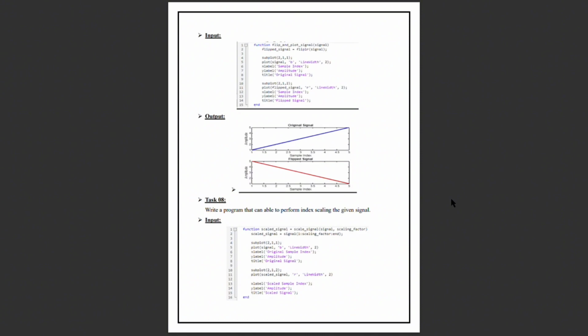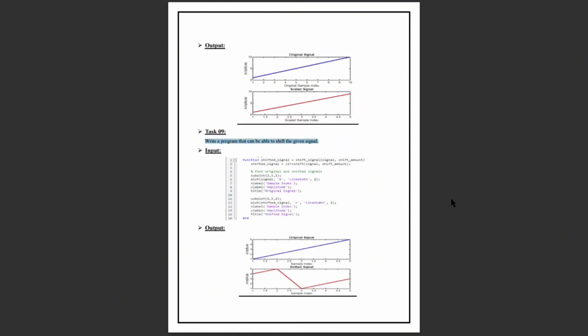This function takes a signal and a scaling factor as input and returns the same signal with its index scaled by the specific factor. Here you can see the signals in the output.